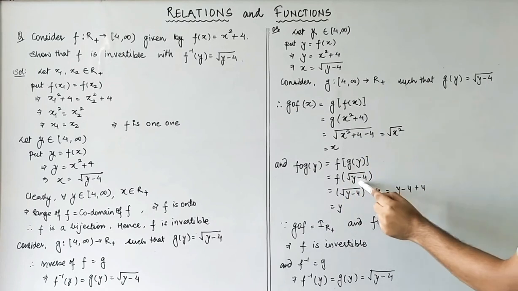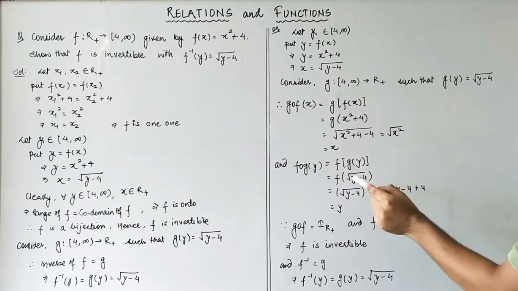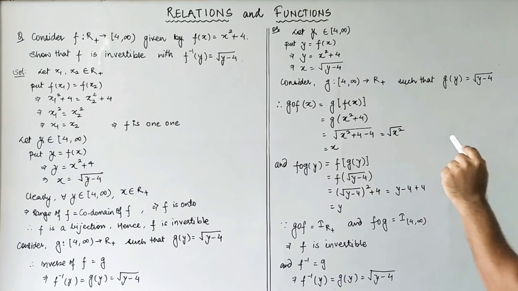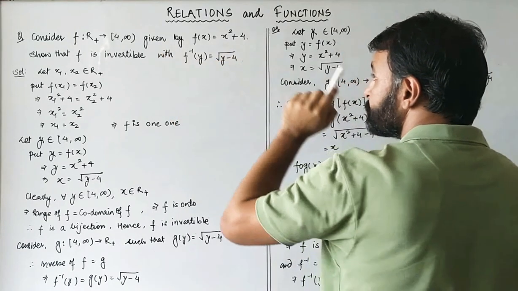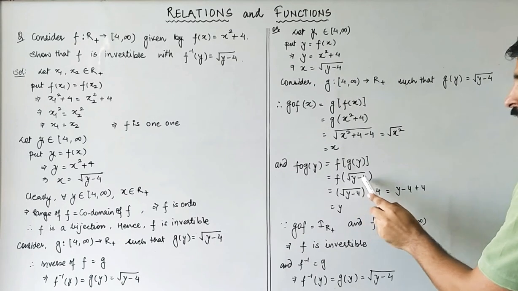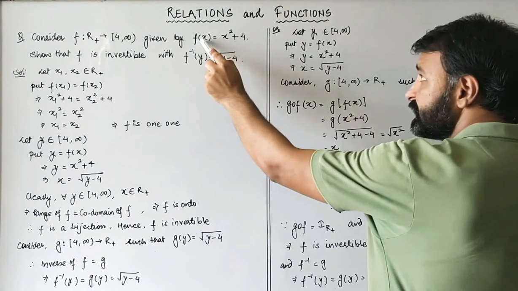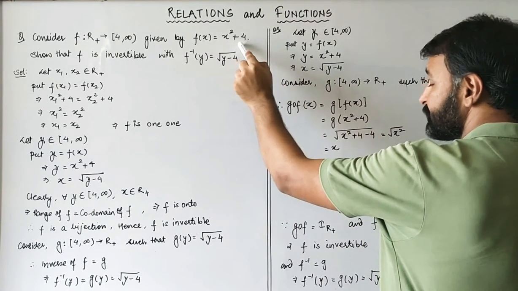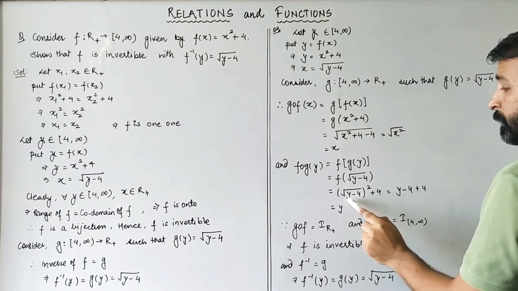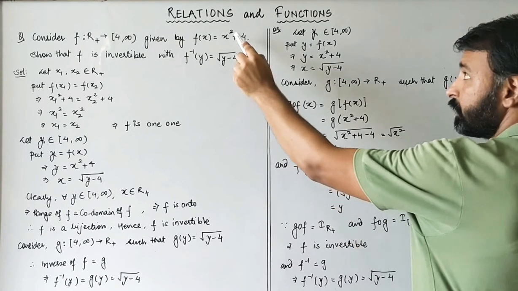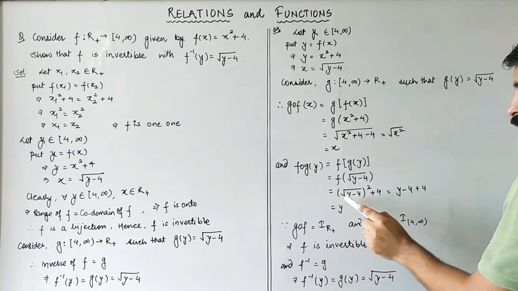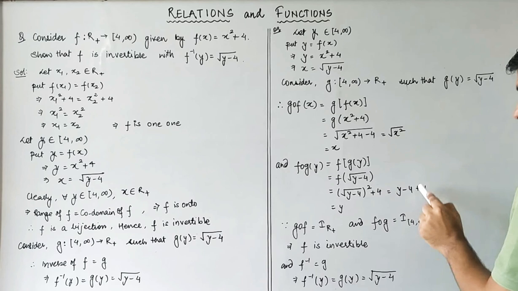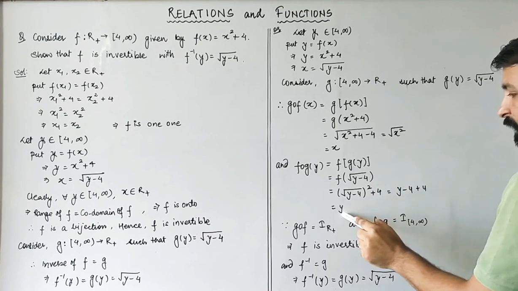Root of y minus 4. ठीक है, g of y root y minus 4. तो we need to find f of root y minus 4. देखिए बच्चों, f of x क्या है? x square plus 4, और हमें निकालना है f of root y minus 4. तो we need to replace this x with root of y minus 4. तो हम यहां पे x को रिप्लेस करेंगे root y minus 4, तो x को डालेंगे आप root y minus 4 का whole square plus 4. Root y minus 4 squared is y minus 4 and this is plus 4. Plus 4 minus 4 are cancelled out, so we'll get y.